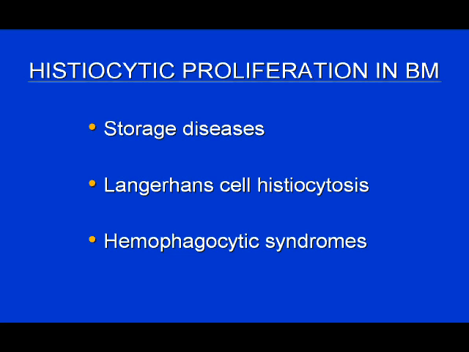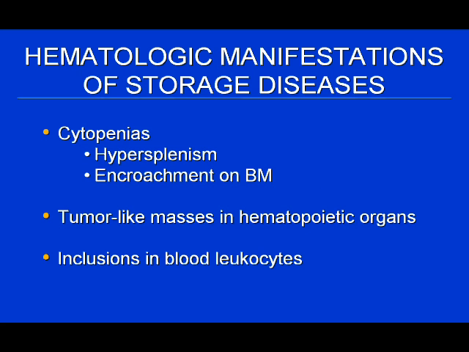And those are the storage diseases in general, and I'm going to only focus on three of them that we will discuss, and they're the ones we see most often and which may be diagnosable in bone marrow biopsy, or at least suspected in bone marrow biopsies. The Langerhans cell histiocytoses and the hemophagocytic syndromes.